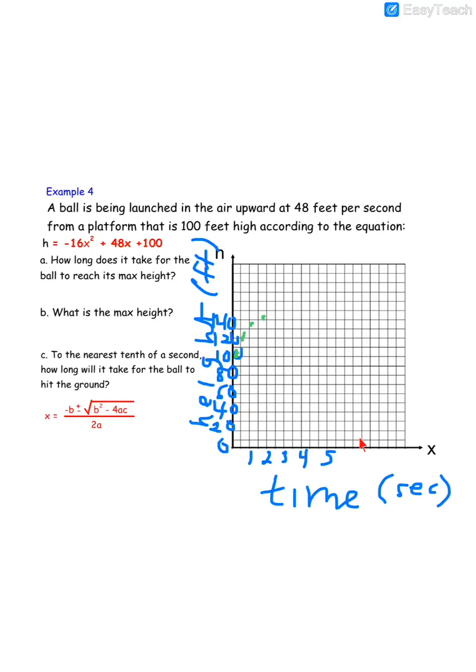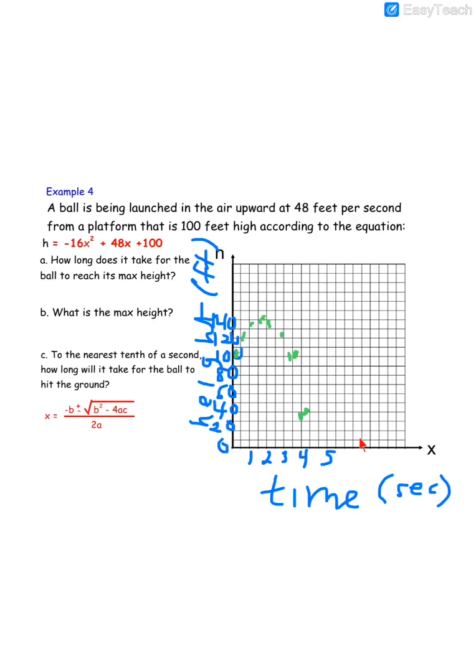So again, it's under. 2, 132. 2.5 goes here. 3, 100. 3.5, 72. 4, 36.